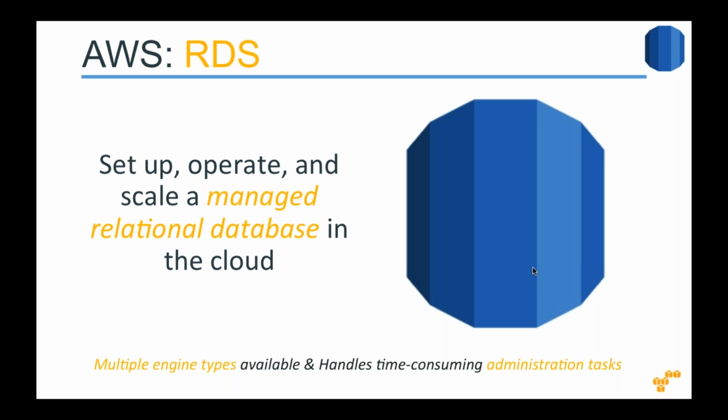Some of those common administration tasks are removed, and I will talk about fine tuning a little bit later. So just think of it that basic fine tuning is not required. Amazon has applied the most common best practices to these RDS databases.